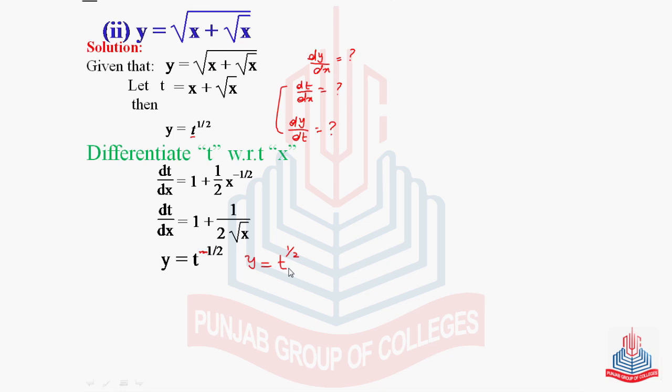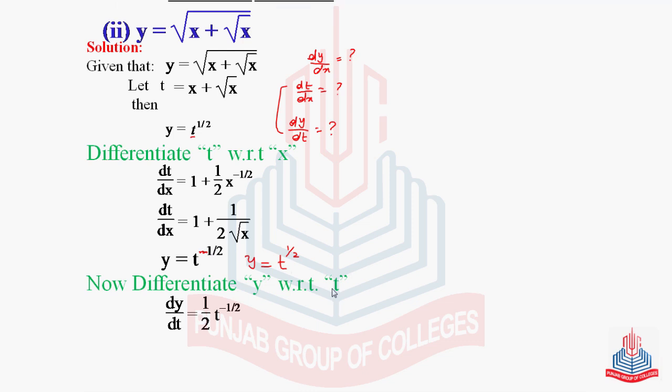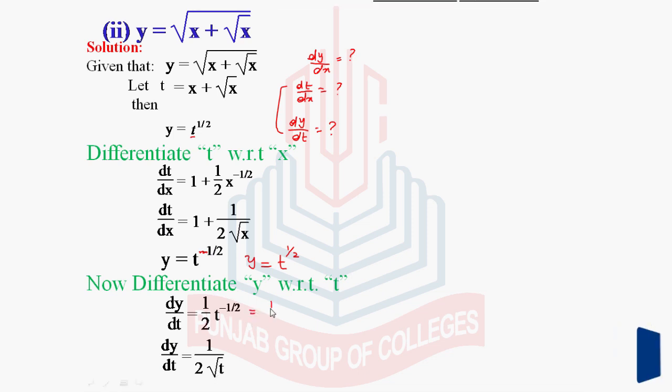So differentiate y with respect to t by using our power theorem, that will become dy by dt, and on the right hand side that is 1 by 2 t raised to the power 1 by 2 minus 1, which is actually minus 1 by 2. By shifting it to the denominator, this is actually 1 by 2 t raised to the power 1 by 2, and that can be written in the form of square root. So dy by dt is actually 1 by 2 square root of t.